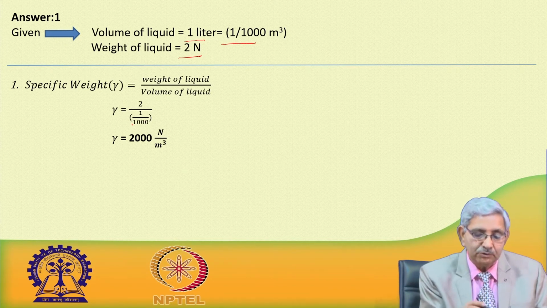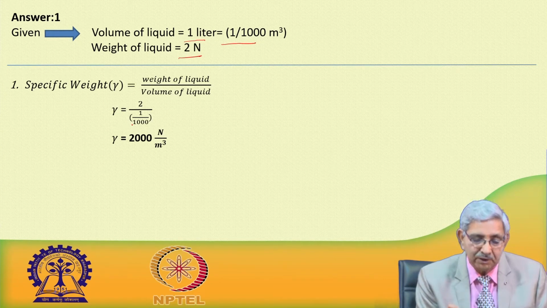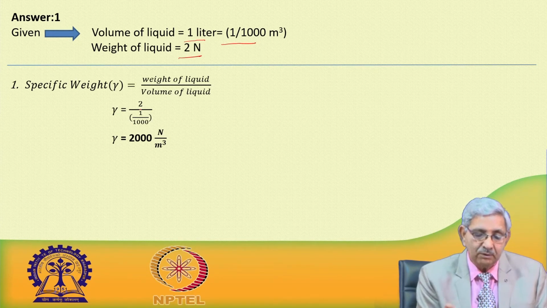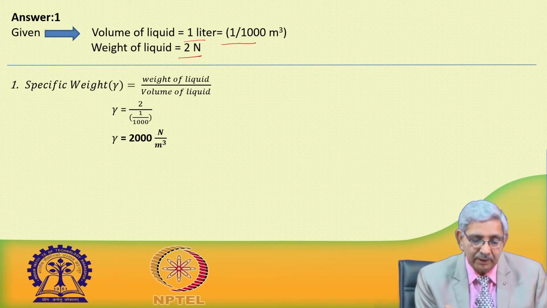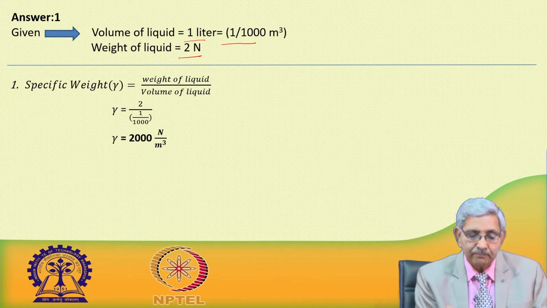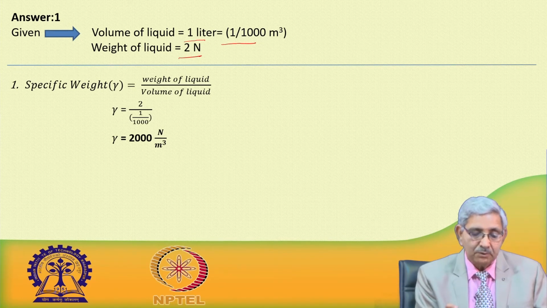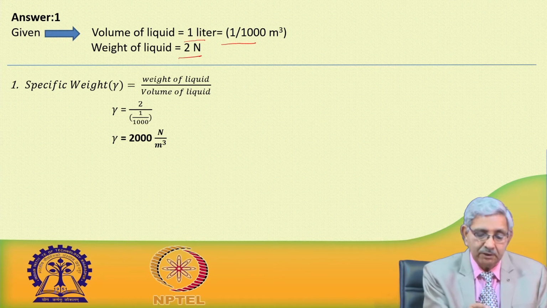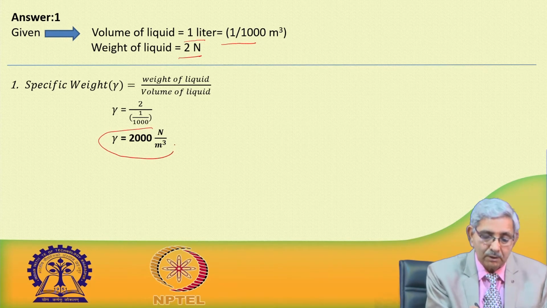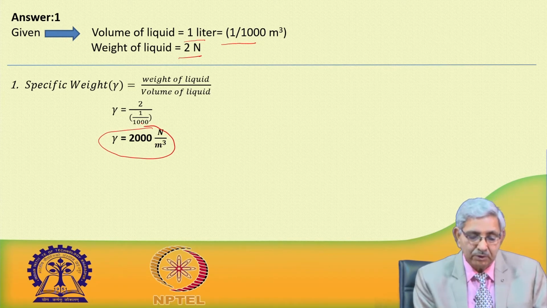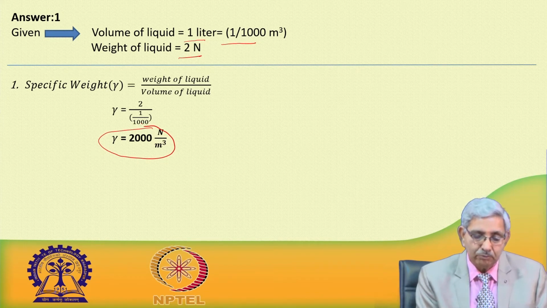So, 2 Newton is the weight and the volume is 1 into 10 to the power minus 3 cubic meter. So, the specific weight becomes 2000 Newton per cubic meter.